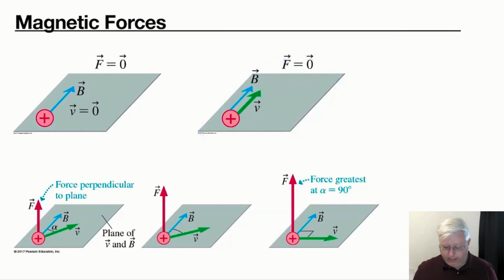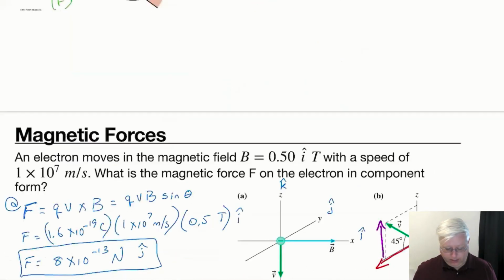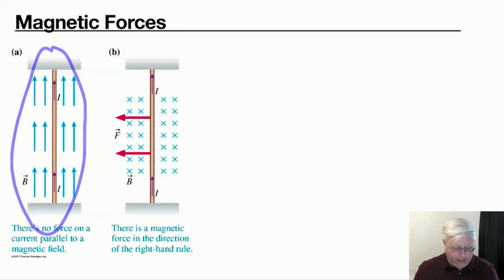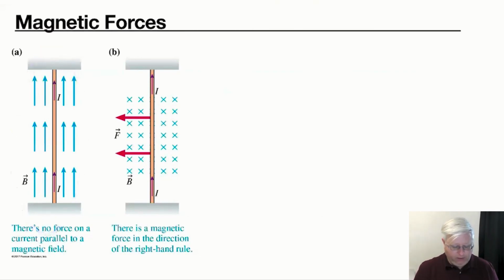So if they're parallel, there's no force. Okay, and so what I have here in the first figure is a current flowing from bottom to top, and the magnetic field is also going from bottom to top, and so they're in the same direction, and so we're not going to see any force if this happens.